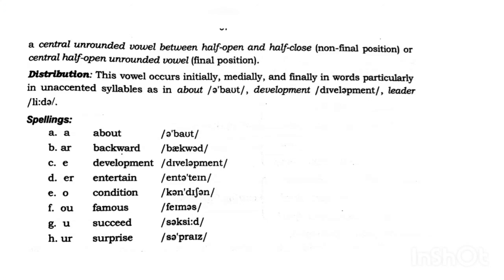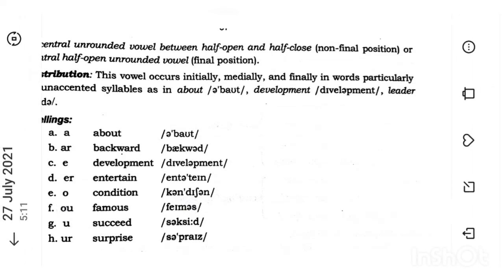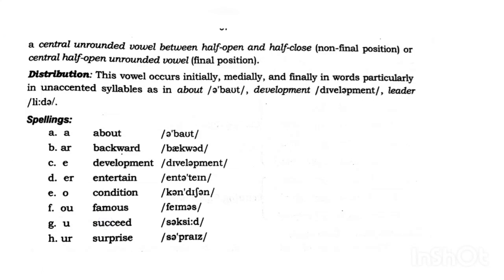Famous: here o and u, these two letters give out the vowel sound ə. Next word, succeed: u gives out the vowel sound ə.